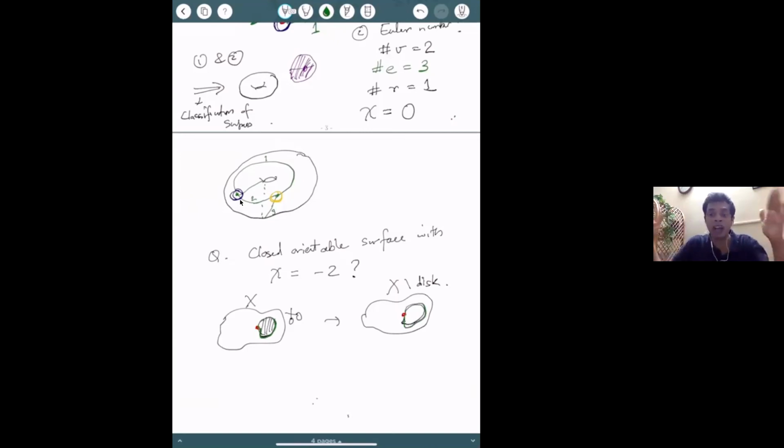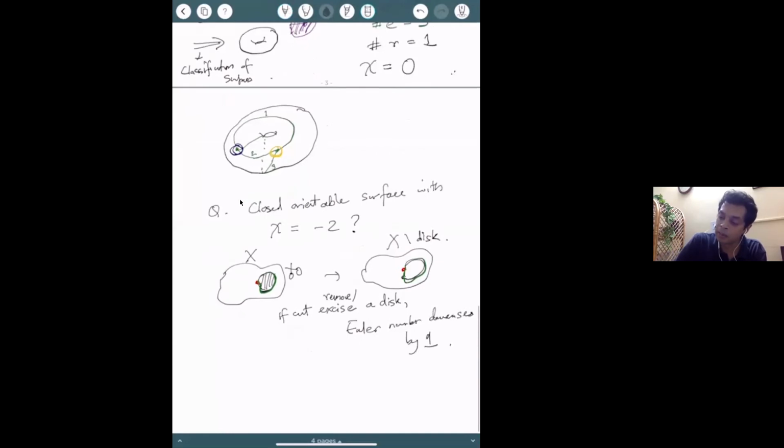So your Euler characteristic would have decreased by 1. This is called an excision. If you remove or excise a disk, the Euler number decreases by 1. This might be useful to build surfaces for a given Euler number.